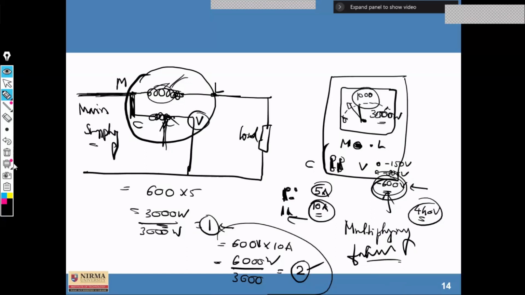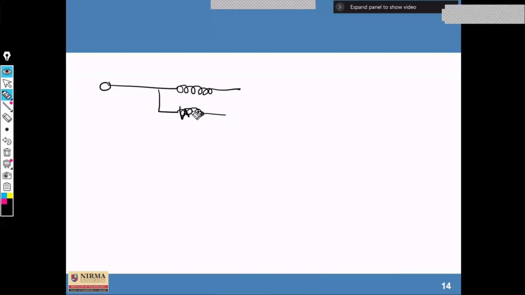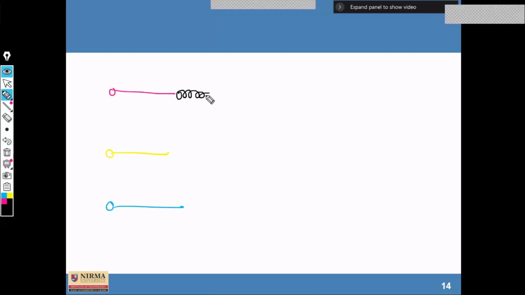Okay. Now in the two wattmeter method, the wattmeters are connected to any two of the three different lines like this. It is better if I use different colors for this diagram. So this is the R phase, this is the Y phase, and this is the B phase. Various coils are connected like this: this is the pressure coil of wattmeter 1.